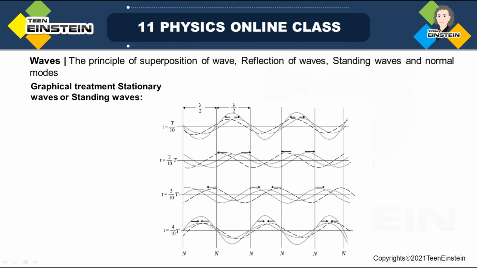Actually, I have already told these things, but I'll tell you here. In this figure you can see three waves are shown. One is this deep black line, which is not a continuous line, it is discontinuous but deep black.